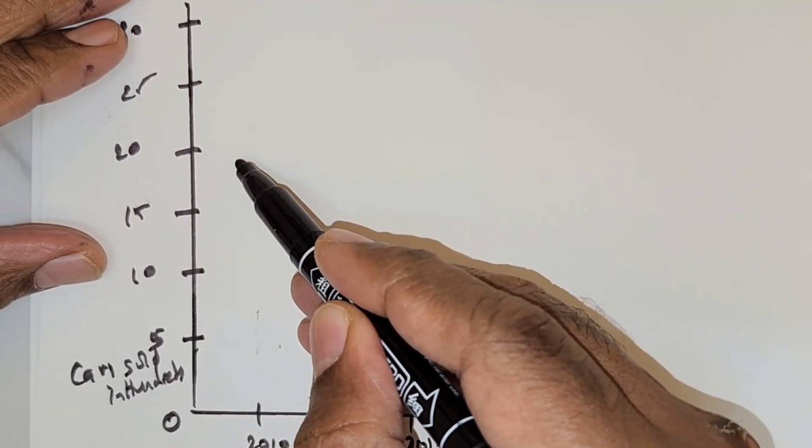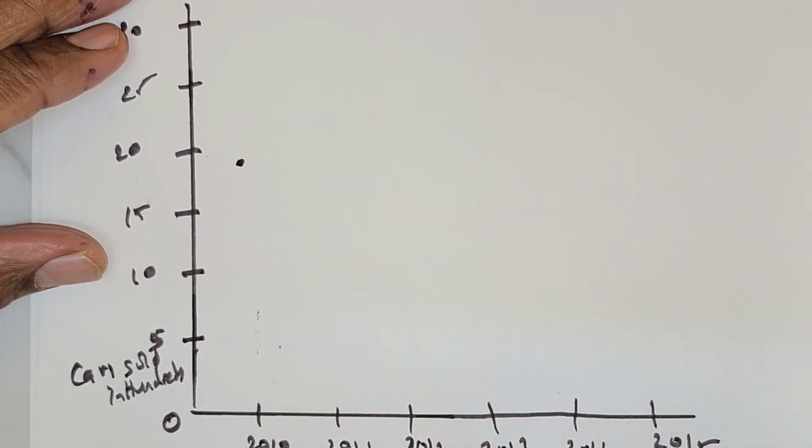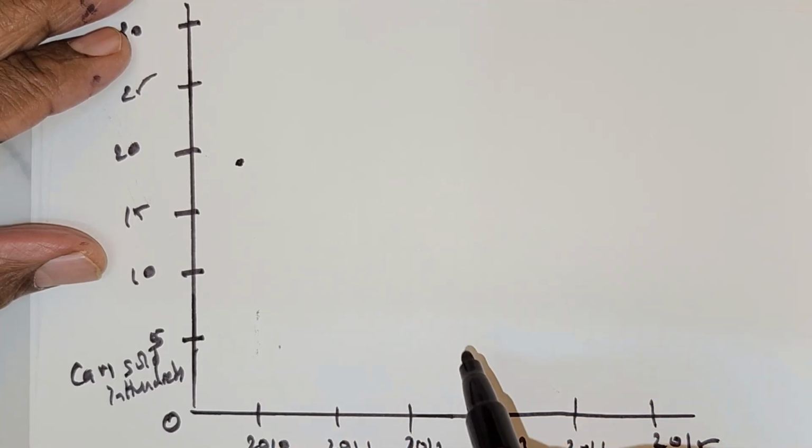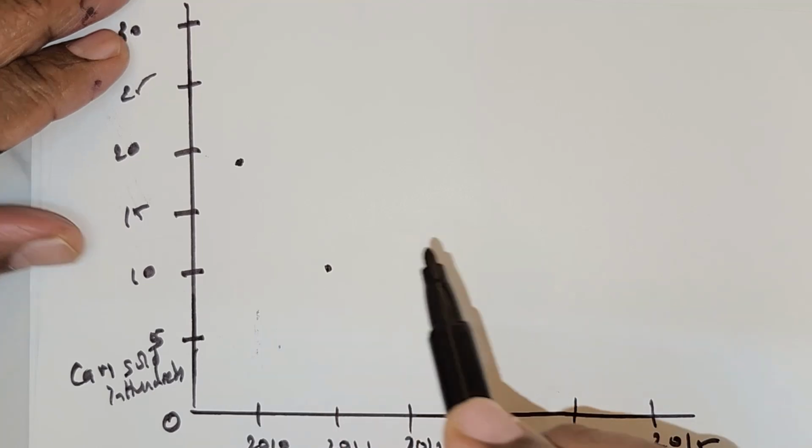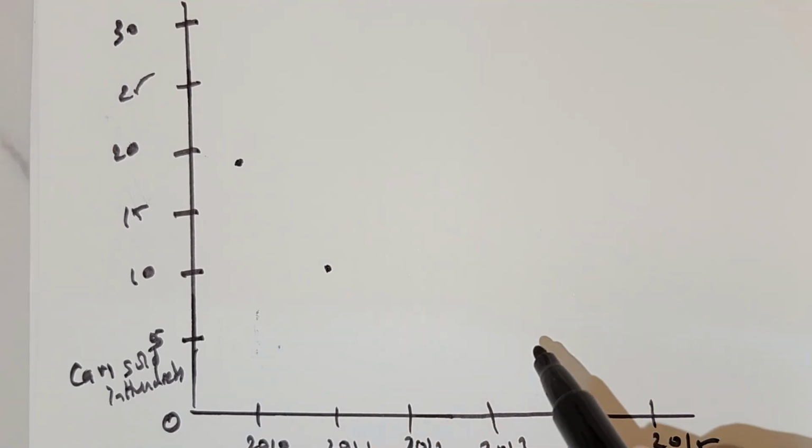So the graph is over here. That's a spot. 2011 you have 10 cars being sold. And 2012 you have 26 cars being sold.